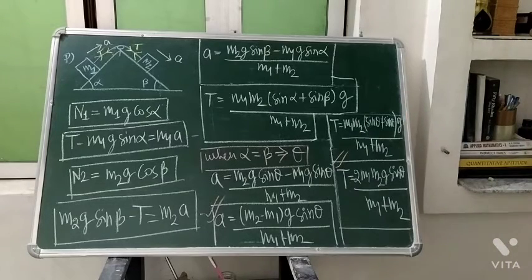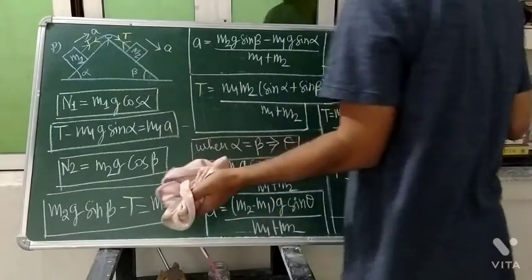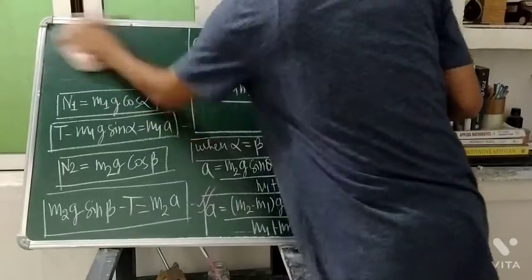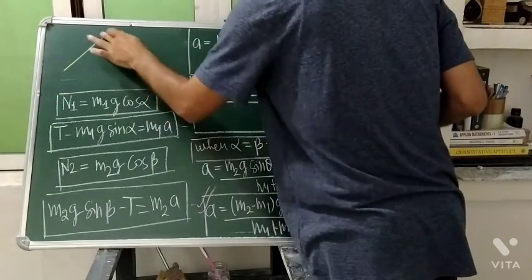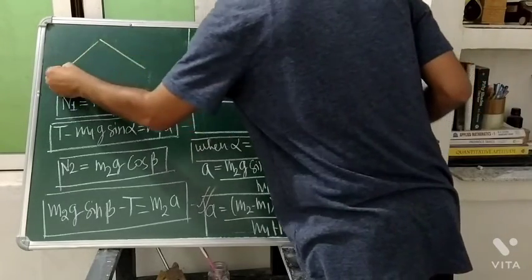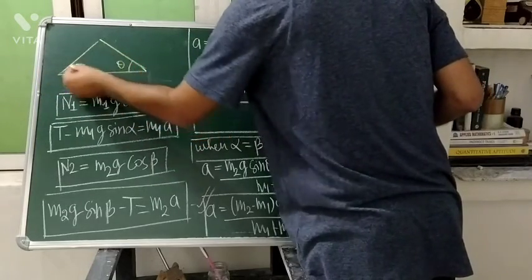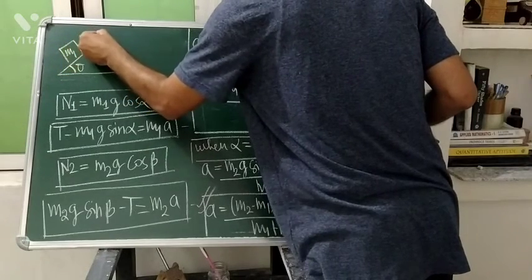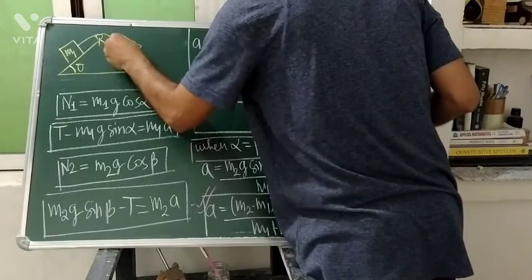Okay, then write. So of course the problem will change in this way. This problem will have the same inclination theta here, and m1 is present here on this fixed pulley and m2 is present here.